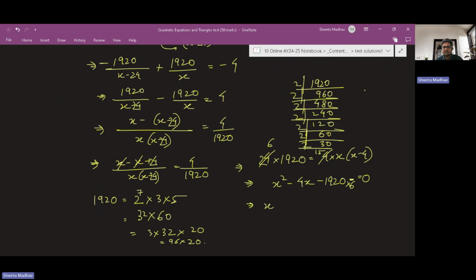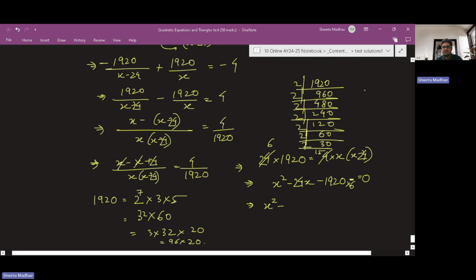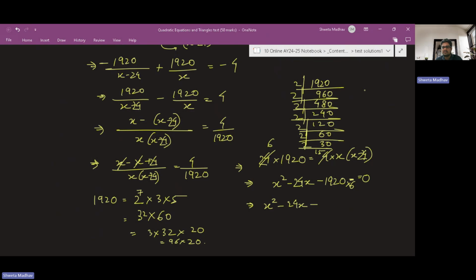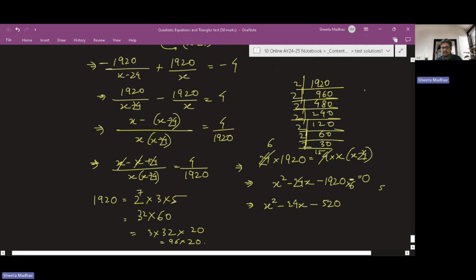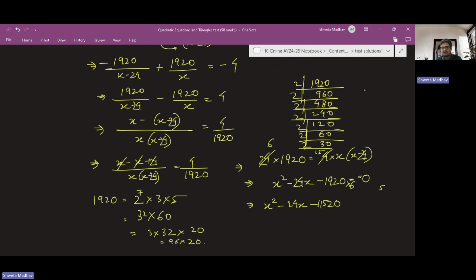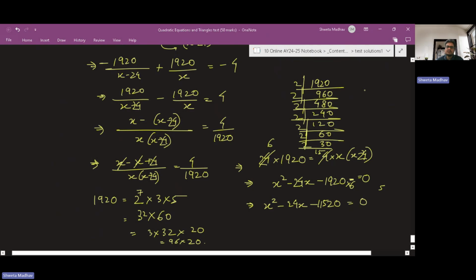So this will actually be x square minus 24x minus, 6 zeros are 0, 6 twos are 12, 6 ones, 1 1 5 2 0. That is equal to 0.